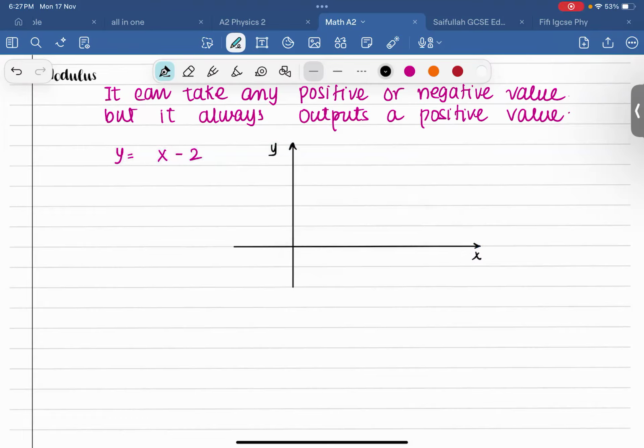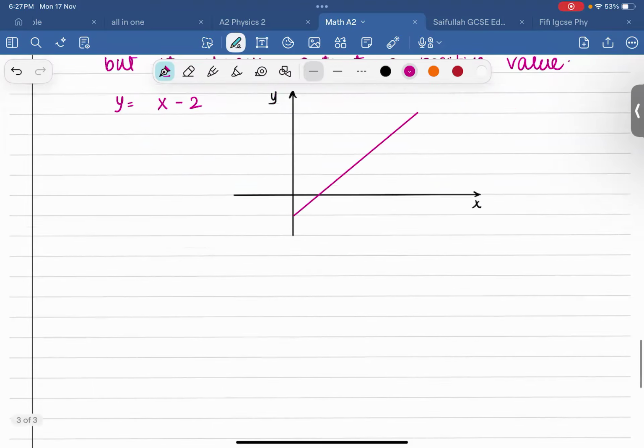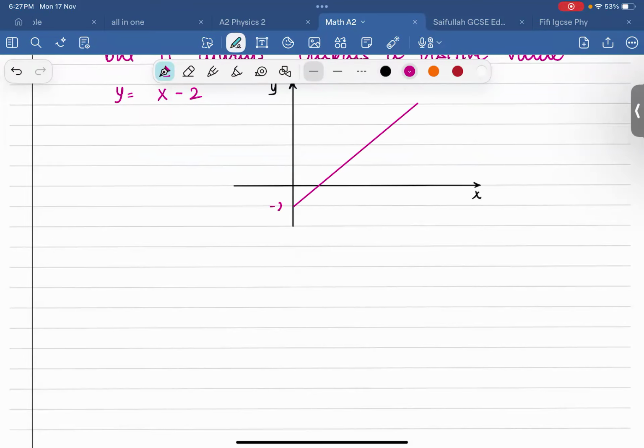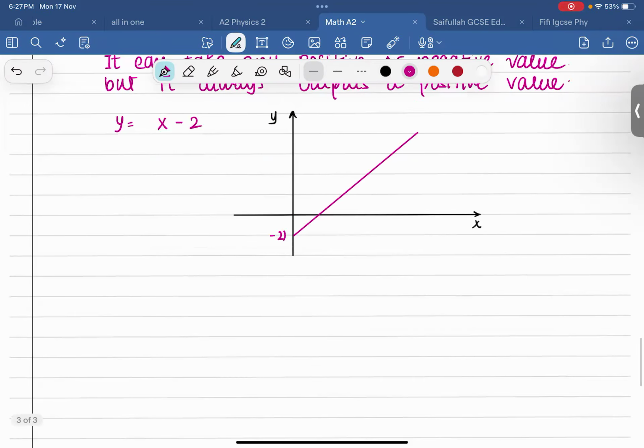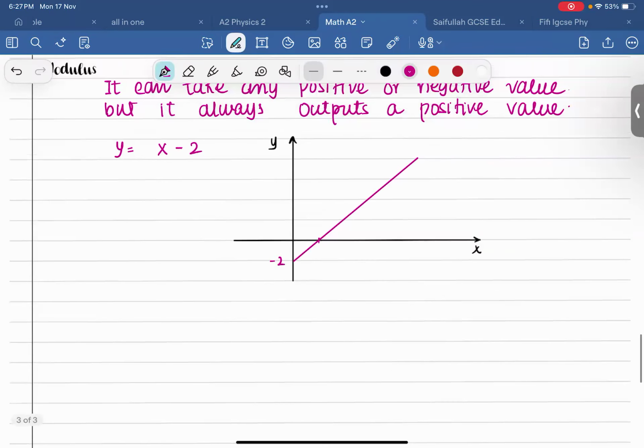Positive gradient but negative intercept, right? So this is going to be negative 2, and at this point, if you put y as 0, x would be just 2, right? So this is a normal function.